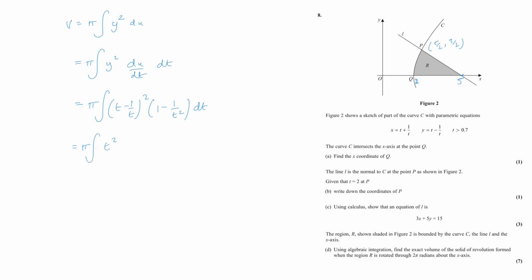So t minus 1 over t squared times 1 minus 1 over t squared dt.